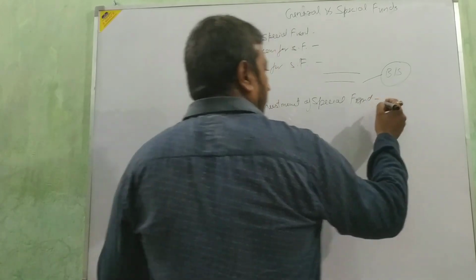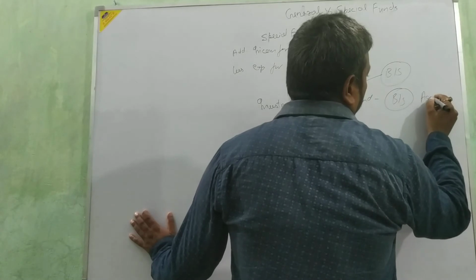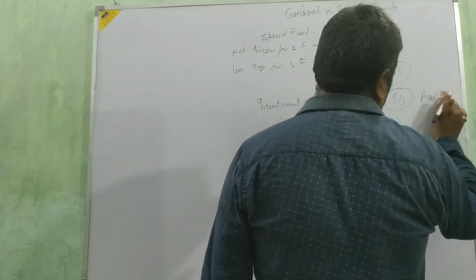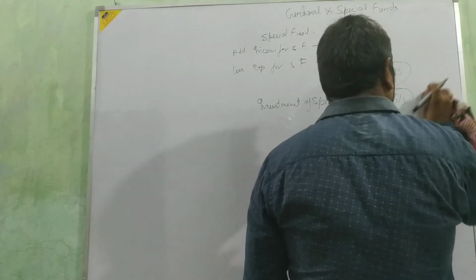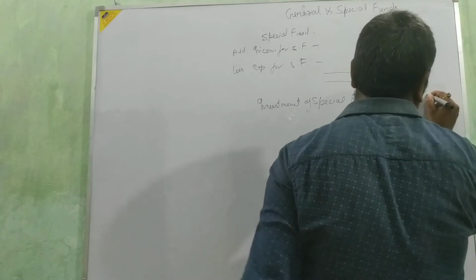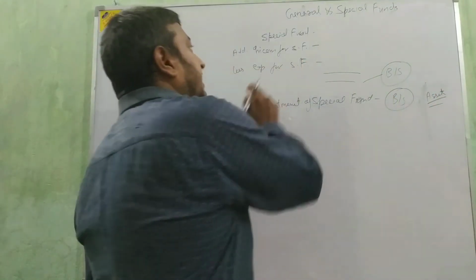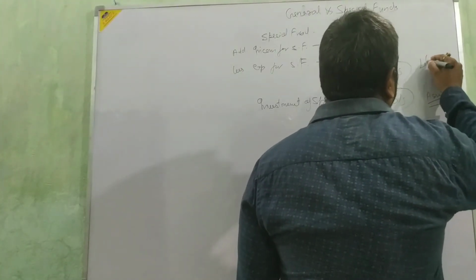that will show in the balance sheet, asset side. That pen is not working clearly. Asset side. But this special fund we are going to show in balance sheet, liability side, beta.